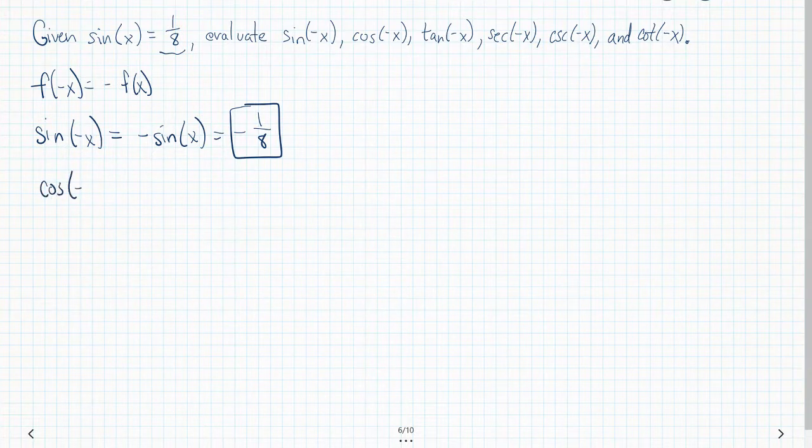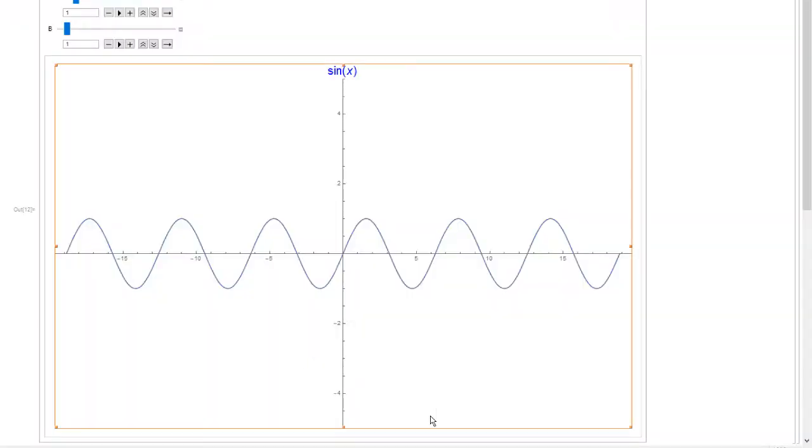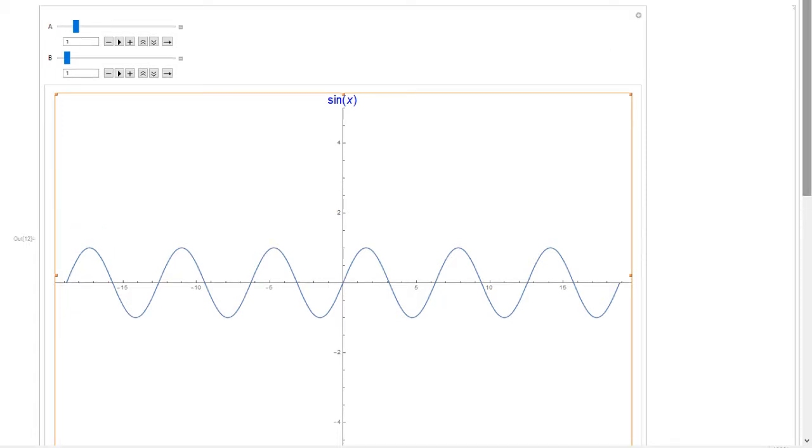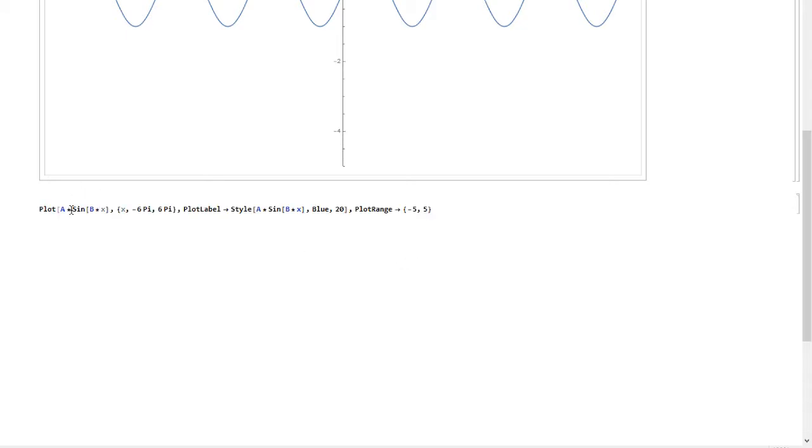So now let's take a look at cosine of negative x. What the heck is that thing going to be? Well, I'll make up a new graph here real quick. Let me scroll up. Okay, so what you're seeing here, I'm going to try and graph cosine of x.